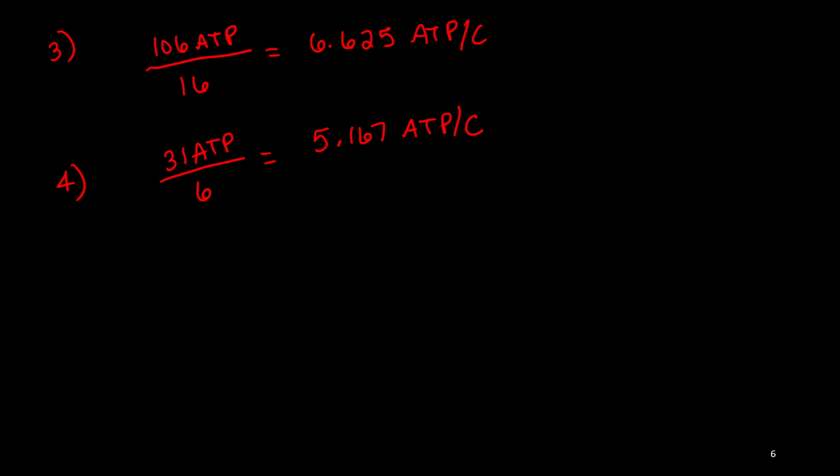So which of these is more efficient at producing ATP, glucose or fatty acids? The fatty acids. That should make sense to you, because how are we getting energy from the glucose and the fatty acid?